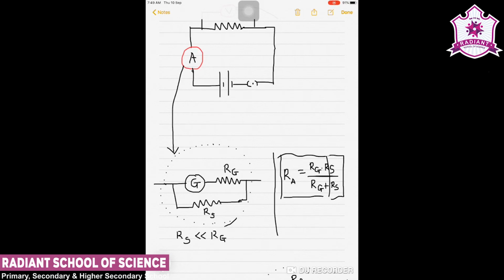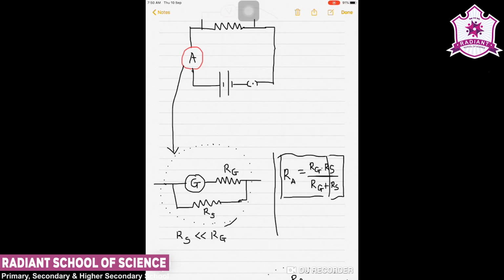So the resistance of the overall galvanometer decreases due to this arrangement, and now this device can be used as an ammeter, because this resistance will not change the circuit resistance, or it cannot make a major difference in the circuit.